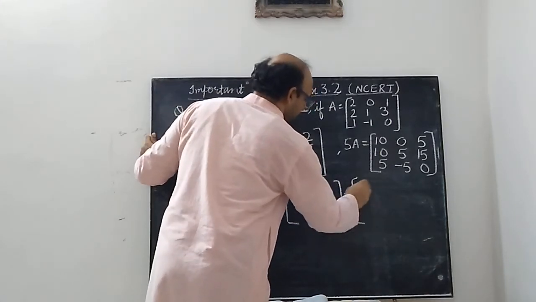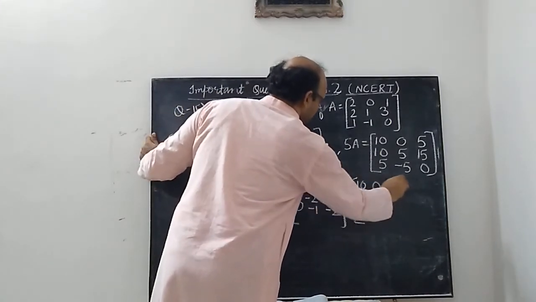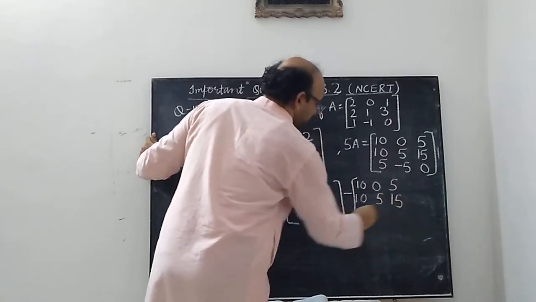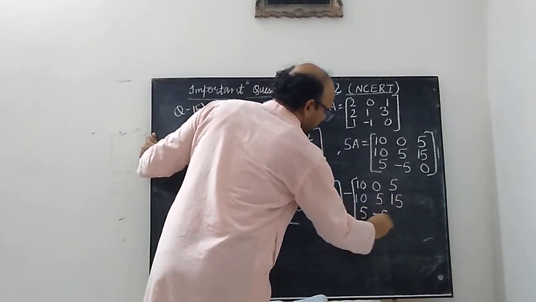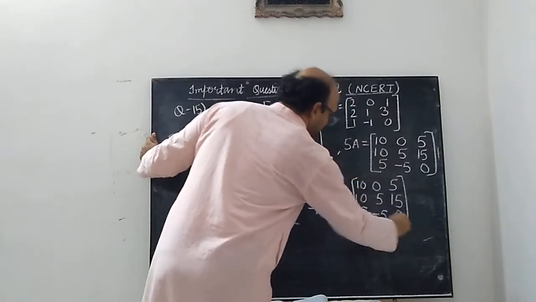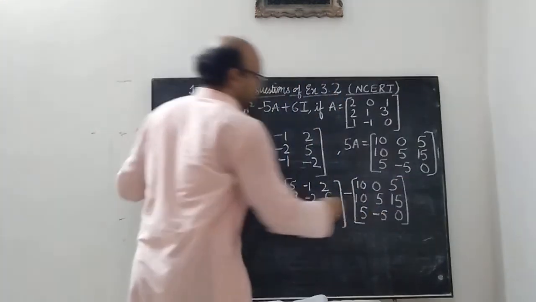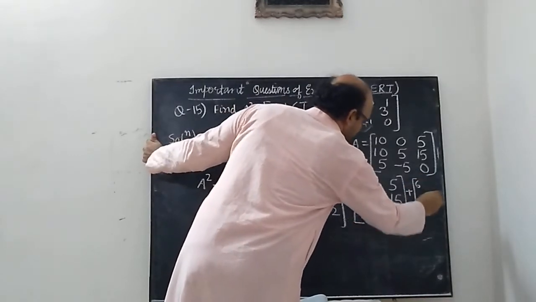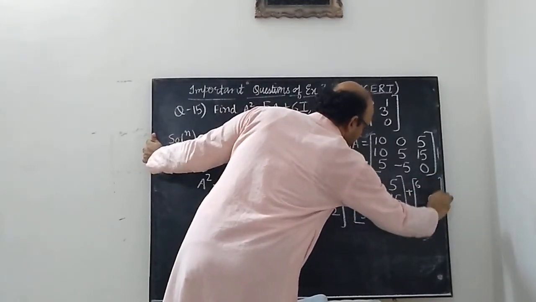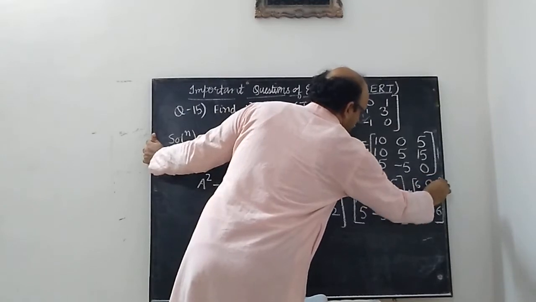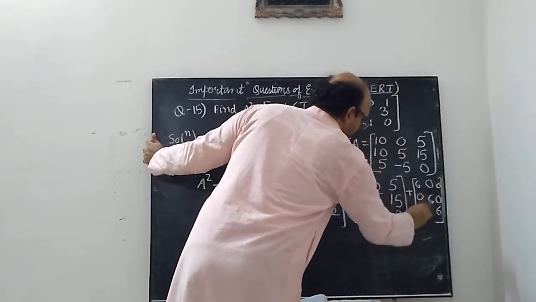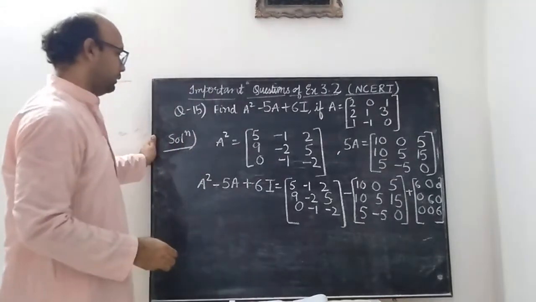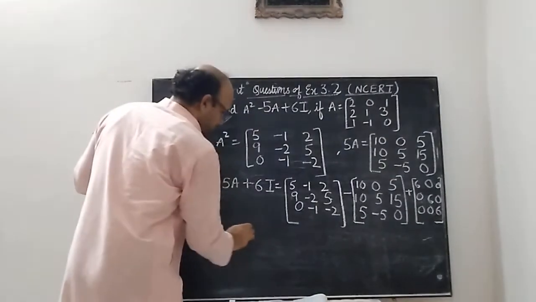Minus 5A is 10, 0, 5, 10, 5, 15, 5, minus 5, 0, and then you have plus 6I. So the identity element is now being multiplied by 6. So we are multiplying the 6 to each of the elements. So this is what we are getting. Now we simply just solve.